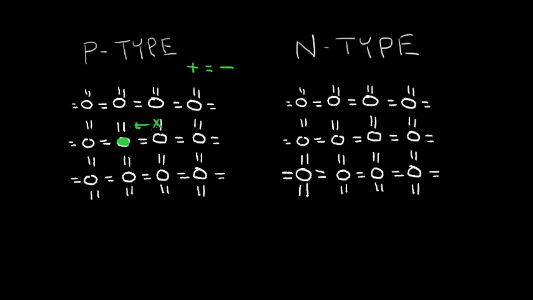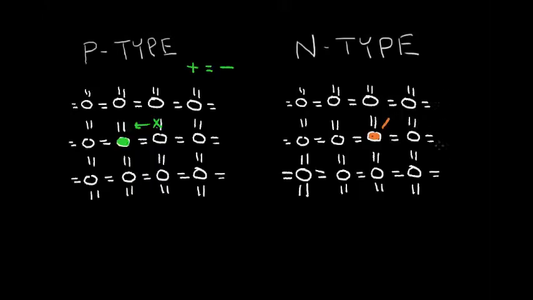If I want to create an n-type silicon, I can do that by replacing one of these silicon atoms with a phosphorus atom. Now recall that the phosphorus atom has an extra electron. So I'll draw that as a little diagonal line here, showing that this is an extra electron.